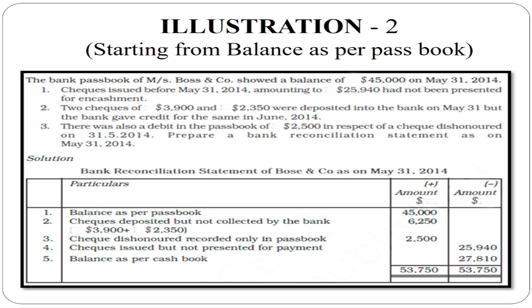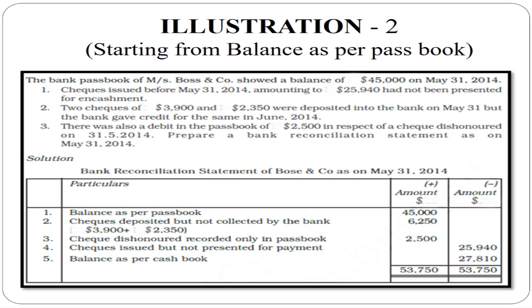So, we'll start the solution with the balance as per passbook, that is $45,000. So, we will write it on the plus side because it is not an overdraft. Now, we'll look for the entry that is checks issued before 31st May 2014 amounting to $25,940 had not been presented for encashment.